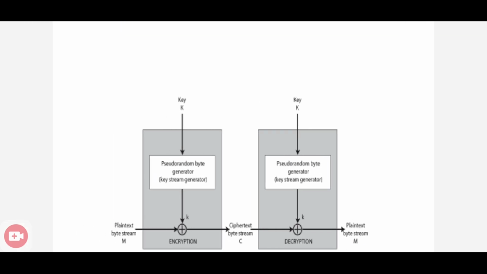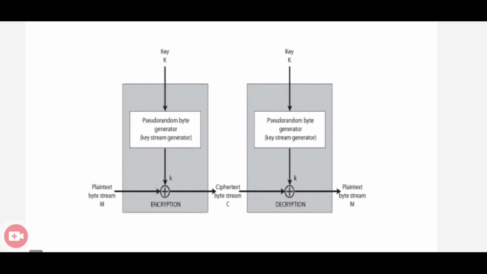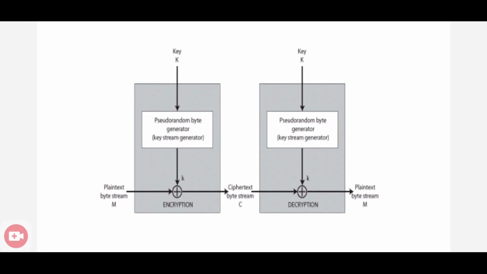This is the figure of the RC4 mechanism, or how to generate a pseudo random stream key for the encryption of plain text into cipher text. We are taking the original message as plain text, a byte stream M. We also take another input, key K. The key is input into the pseudo random byte generator, which produces small k, that is the key stream.